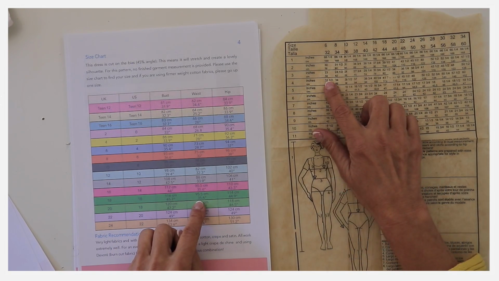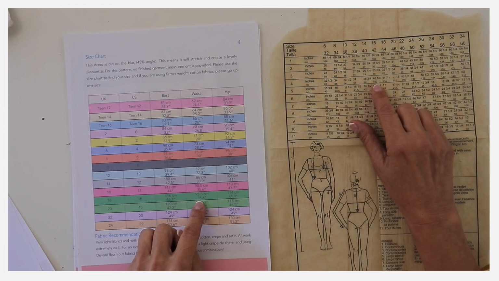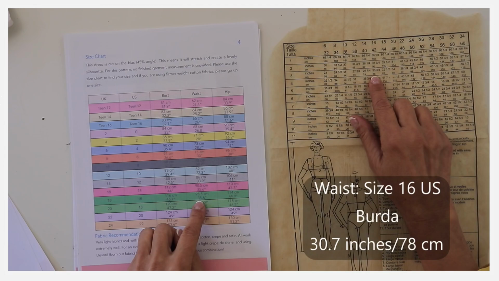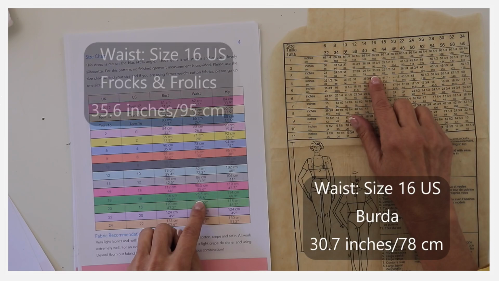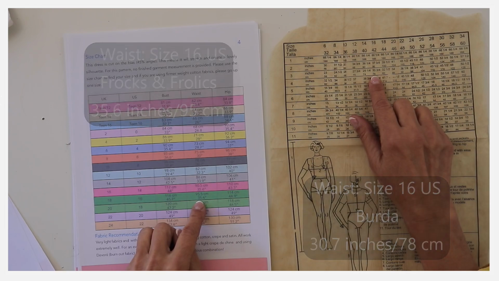So if I look at number 3, then we go over to size 16. There we are. So now at size 16, I've got a waist of 78 centimeters. And I have got a waist here of 95 centimeters. So the difference between 78 and 95 centimeters is 17 centimeters.